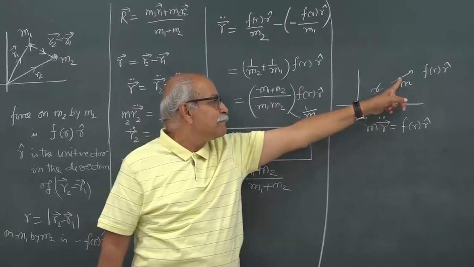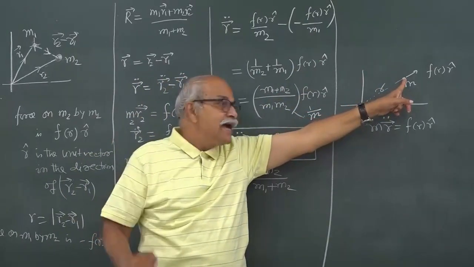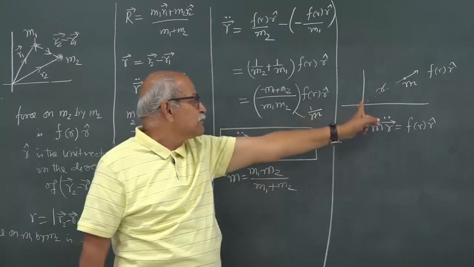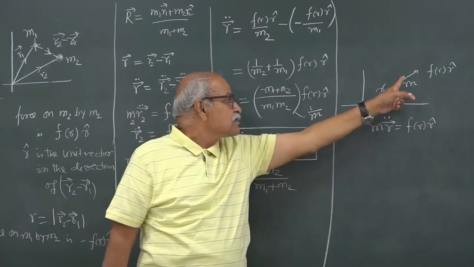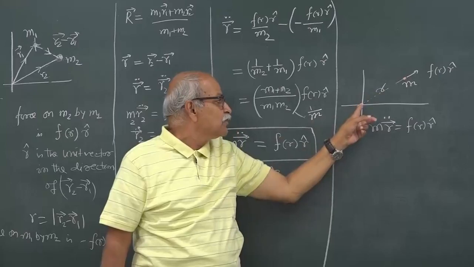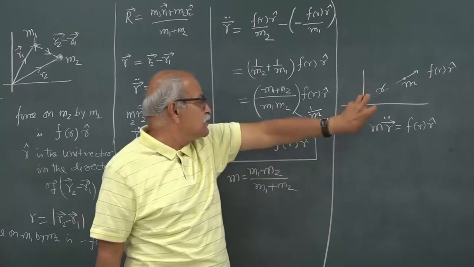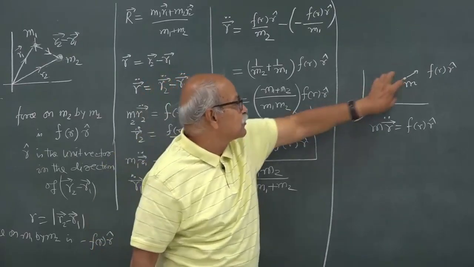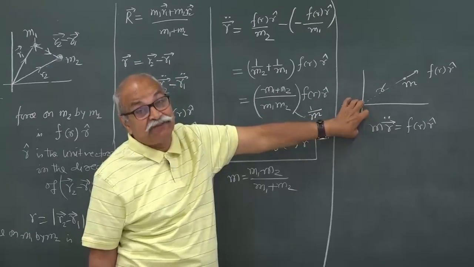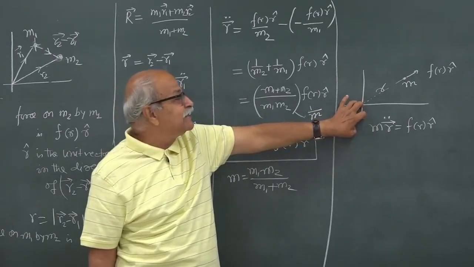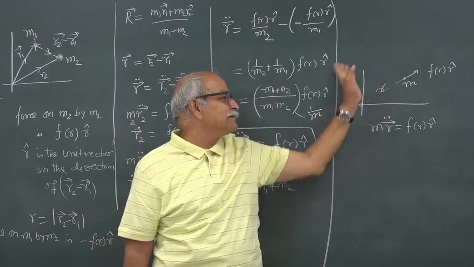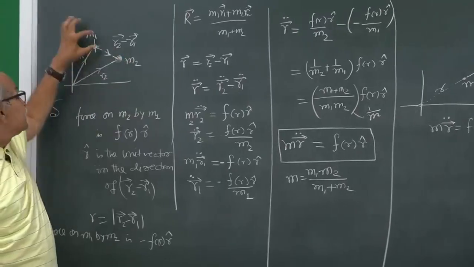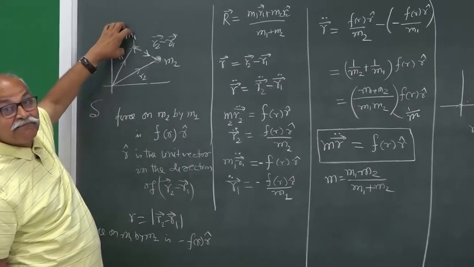Consider a particle m, just one single particle, acted upon by a force Fr r cap, which depends only on the separation of the particle from the origin. Somehow we have fixed the object which is exerting the force at the origin of this inertial frame of reference, and then solve what will happen to this particle, and that will be the motion of this particle in the non-inertial frame.